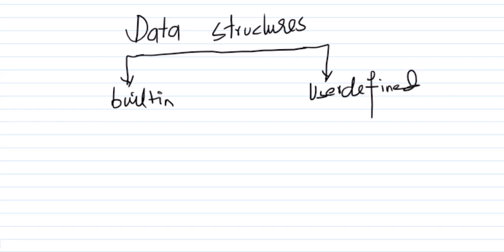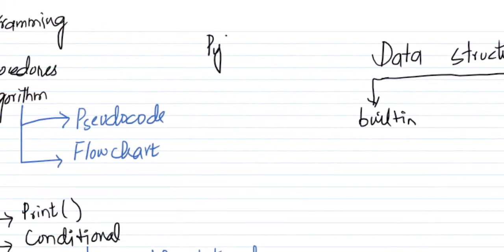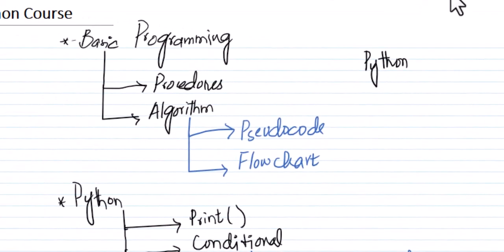In order to learn the data structures and all this stuff, we also talked about another very important thing here, and that is Python functions. So in Python functions, what did we study?